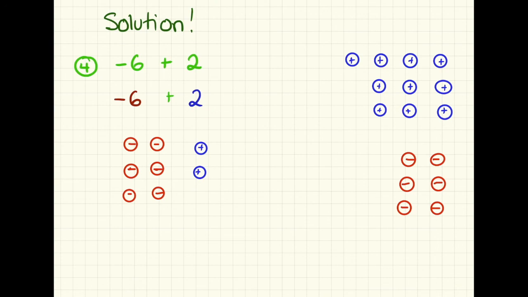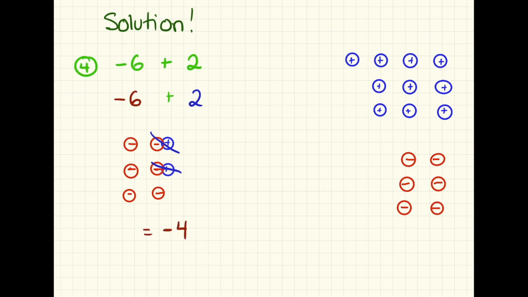But the issue here is that these guys will cancel out because they are equal to 0. So what I am actually left with are 4 lovely negatives. So the answer to negative 6 plus 2, or negative 6 adding 2 positives, is going to be negative 4.